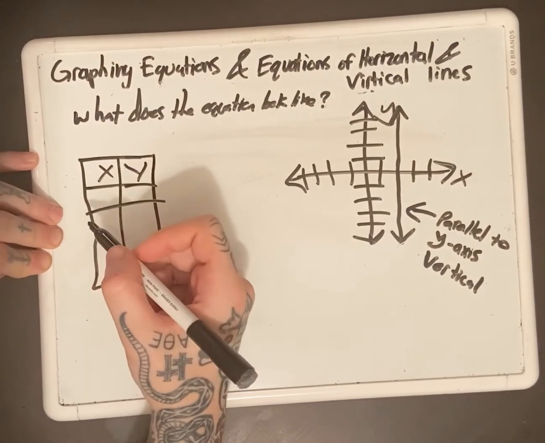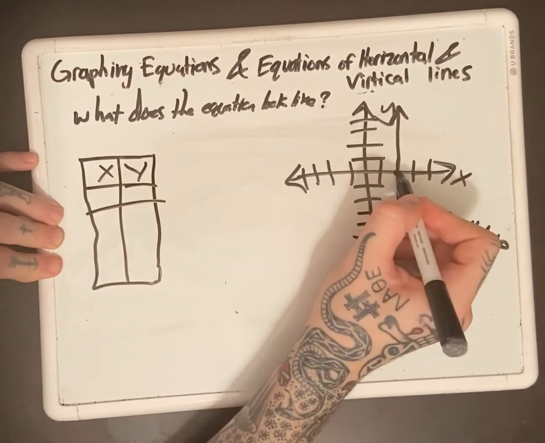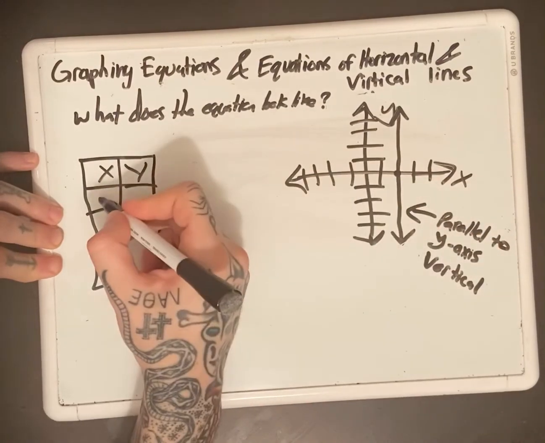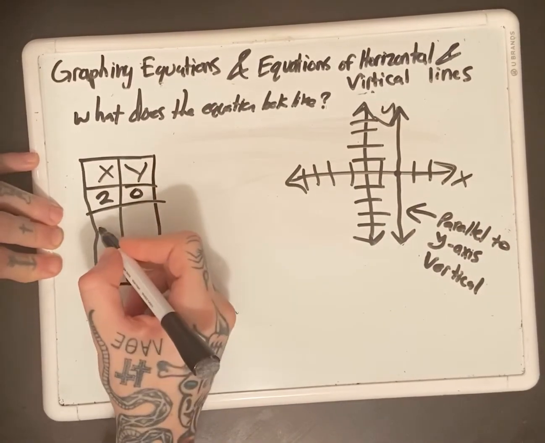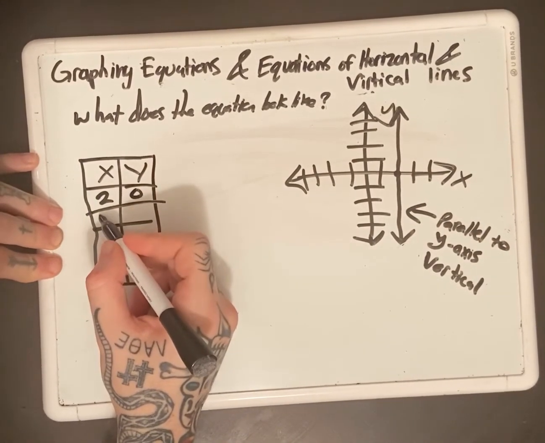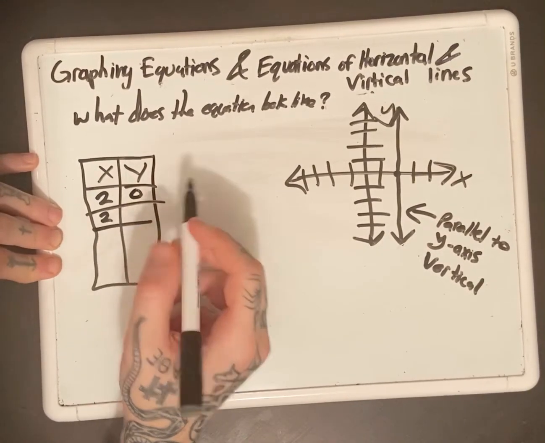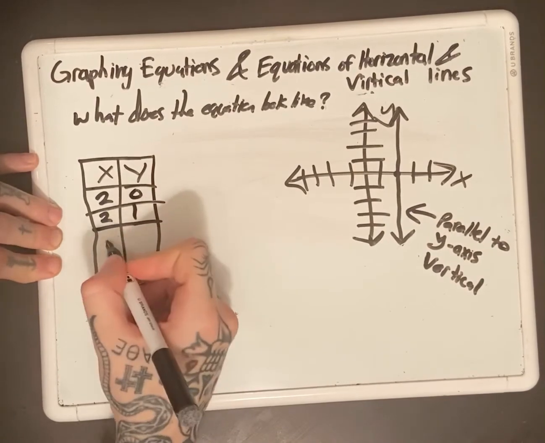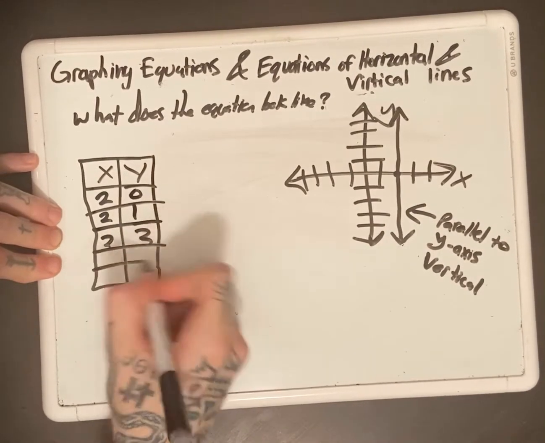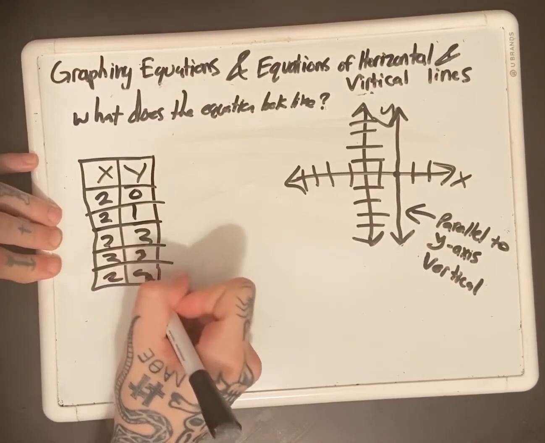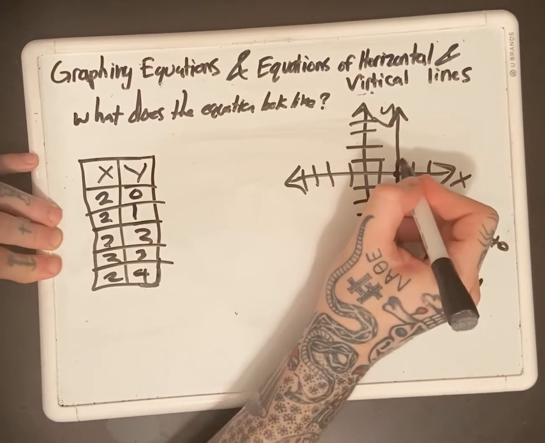Okay. So let's start with this point. X is 2, y is 0. Next one. 2, 1, 2, 2, 2, 3, 2, 4. Okay, so that's these points here.